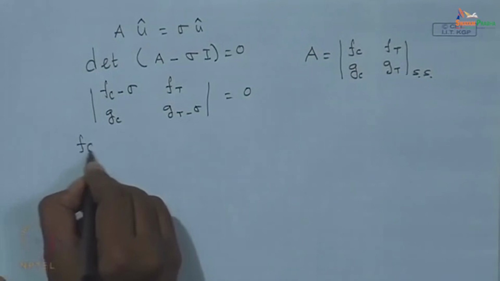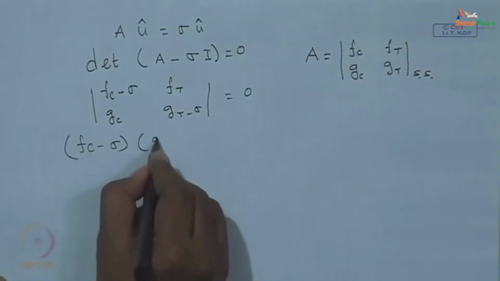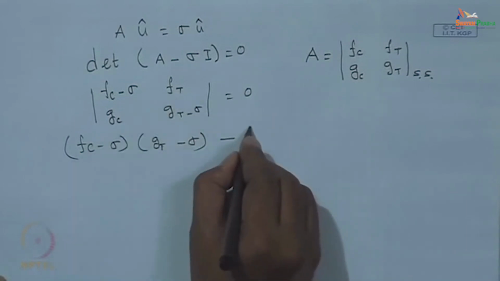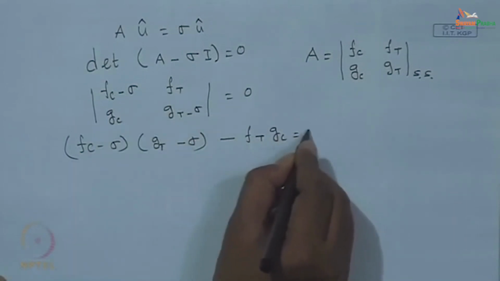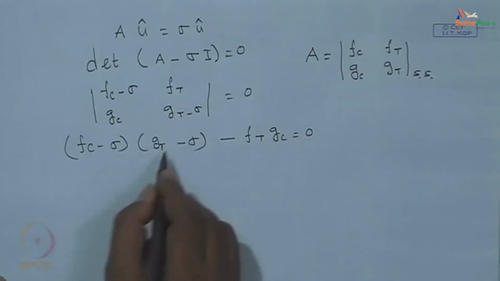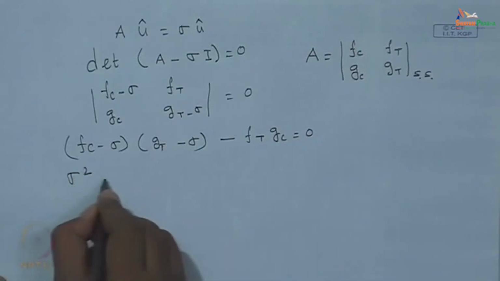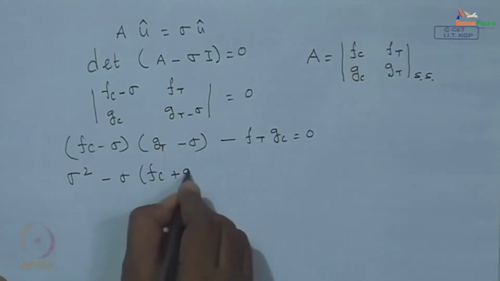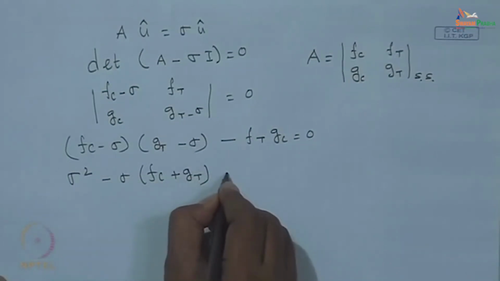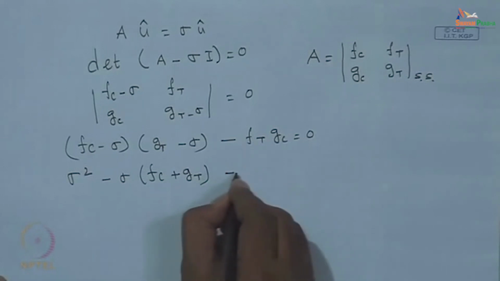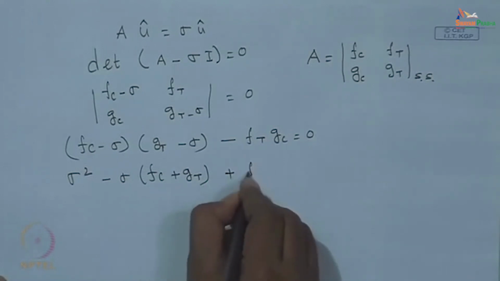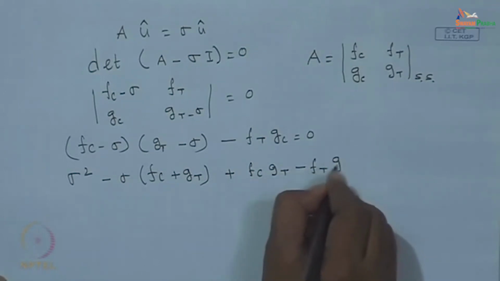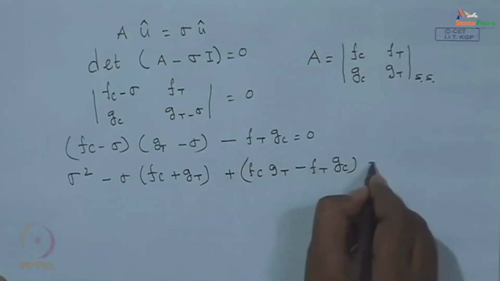So, F c minus sigma times G t minus sigma, minus F t G c, is equal to 0. If you multiply this out, this becomes sigma square minus sigma times F c plus G t, plus F c G t minus F t G c, equal to 0.